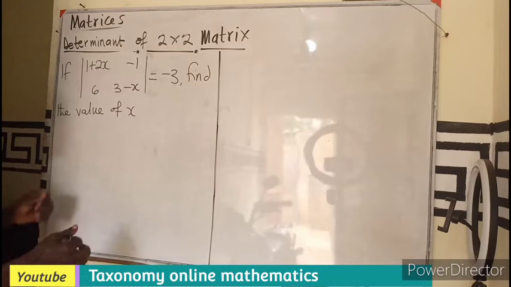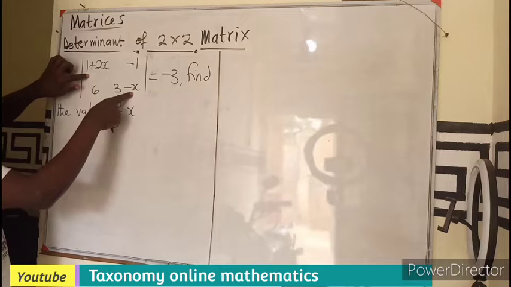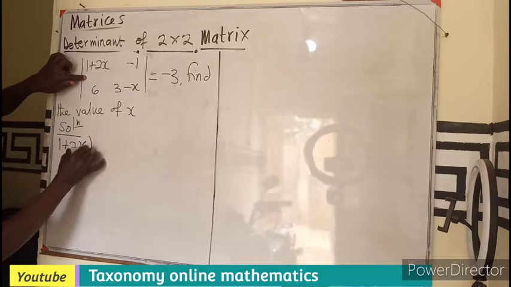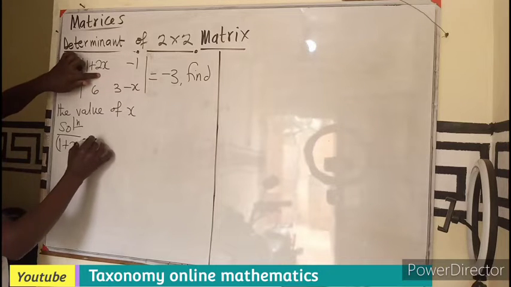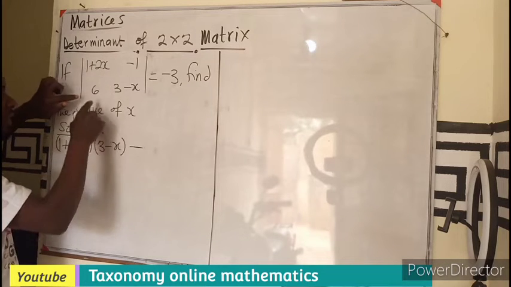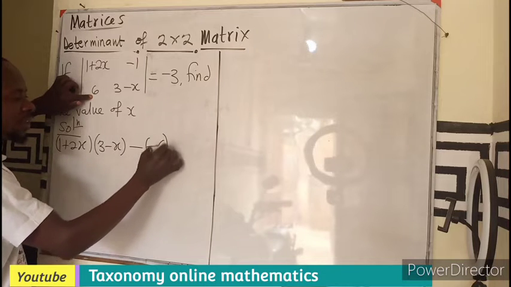So right away, what do I do? I am going to multiply the leading diagonal, which will be 1 plus 2x, as in one element, multiplying 3 minus x, minus the product of the other diagonal, which will be minus 6.